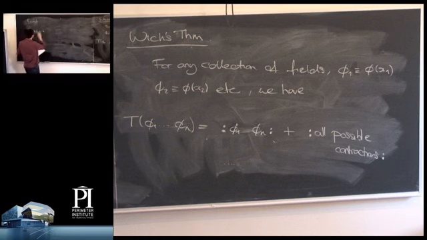The time-ordered product is equal to the normal-ordered product plus all possible contractions. So what does all possible contractions mean? Well, firstly, I can contract phi1 with phi2, or phi1 with phi3, or phi1 with phi4, or phi2 with phi3, or phi2 with phi4, or phi3 with phi4. That's 6 terms right there.